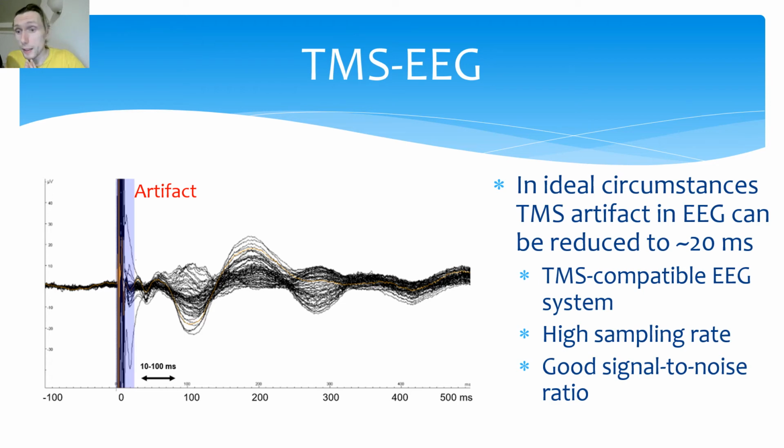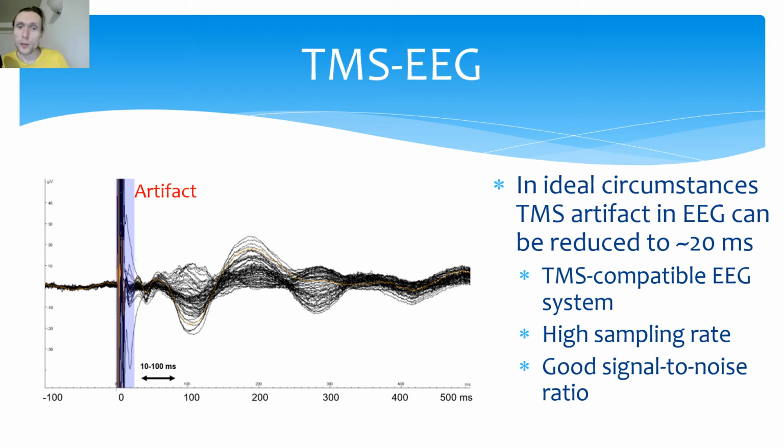However, that's in ideal circumstances, which means that you have a TMS-EEG compatible system. Again, you need EEG electrodes that are not disrupted too much by a magnetic field. You need a very high sampling rate, and you need a very good signal-to-noise ratio. So your EEG signal needs to be perfect before you start doing the TMS-EEG. There are also other things to look out for.